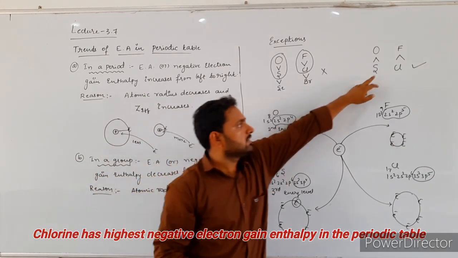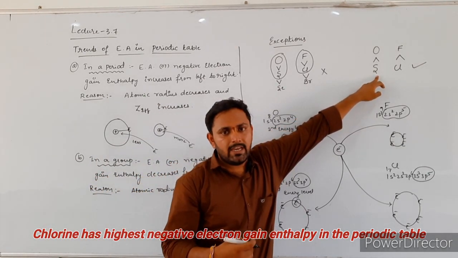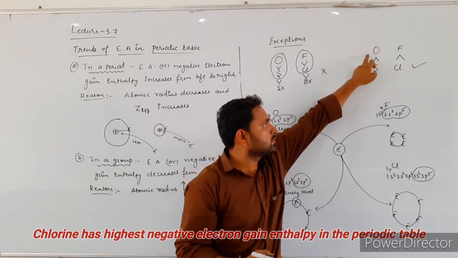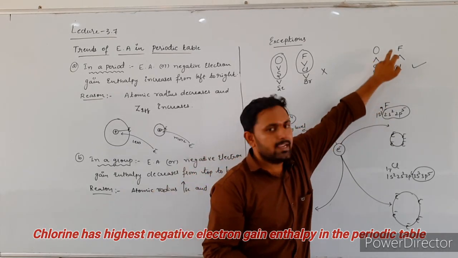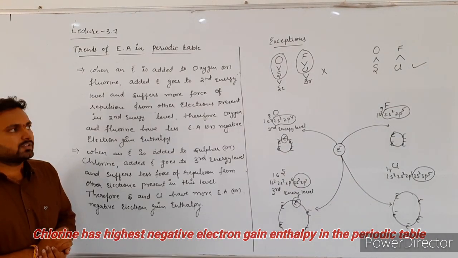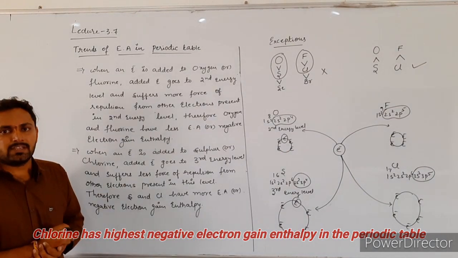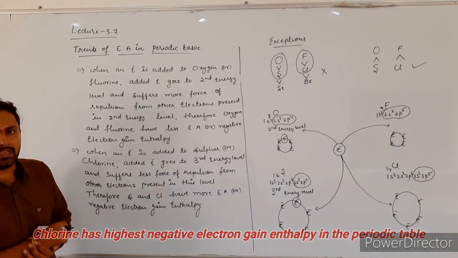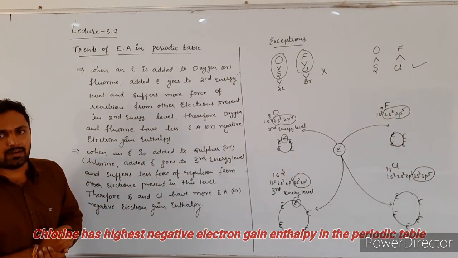That's why sulfur has more negative electron gain enthalpy than oxygen. Chlorine has more negative electron gain enthalpy than fluorine. Why do oxygen and fluorine have less negative electron gain enthalpy than sulfur and chlorine?